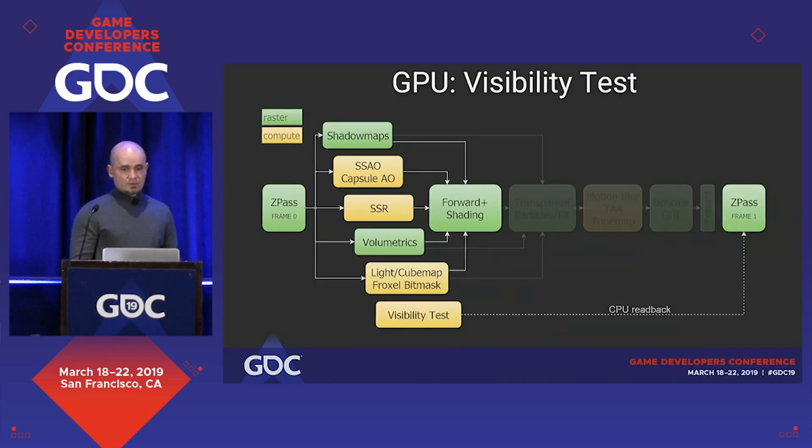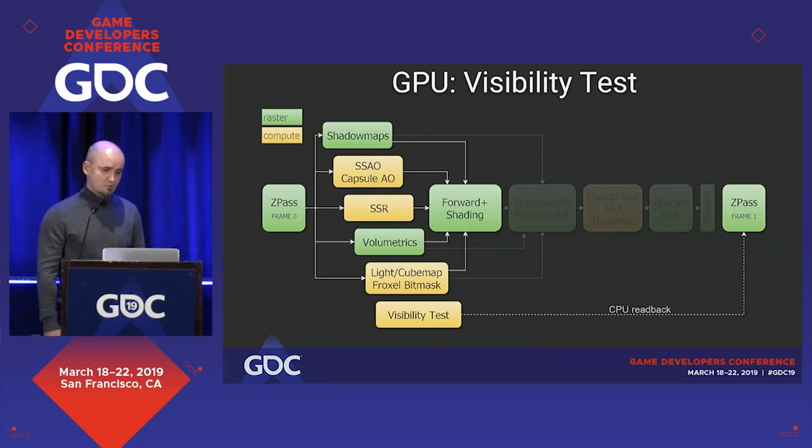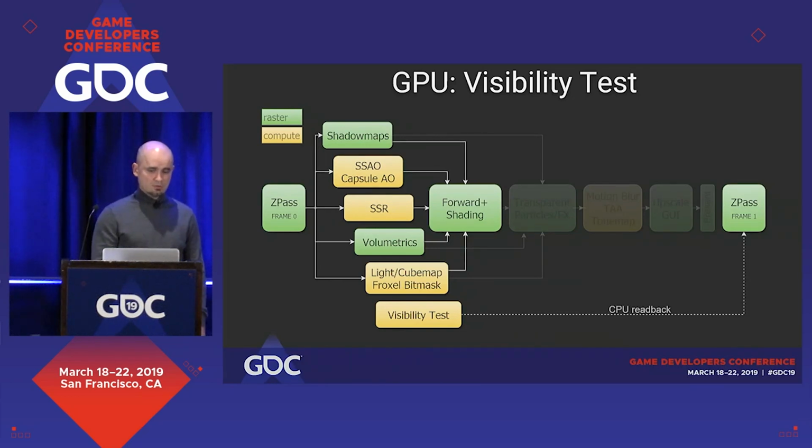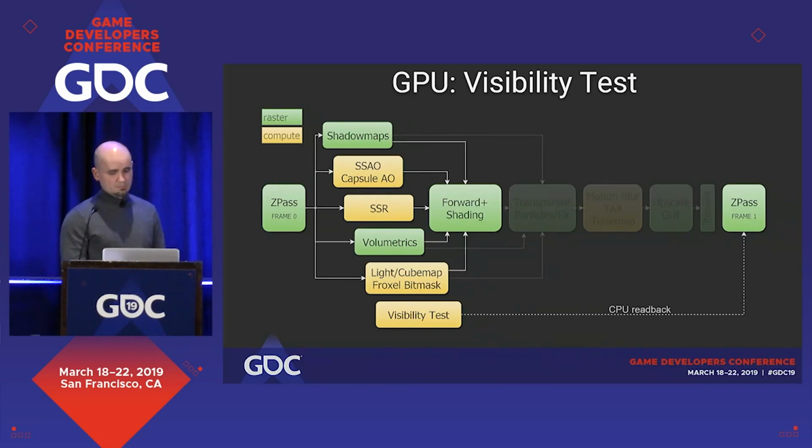And there is another important job which runs before our forward plus shading code. That's our visibility system. As you remember, on CPU we are always rendering the previous frame while the game update loop works on the next frame. So at some early point during the game update loop, we fetch user input, and basically we have all the data to set up a camera for the next frame.